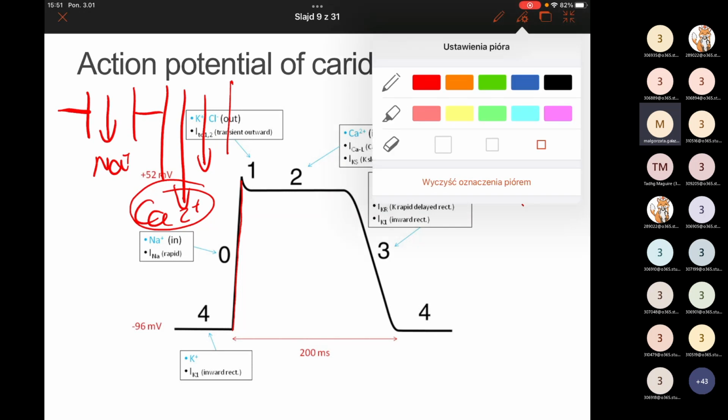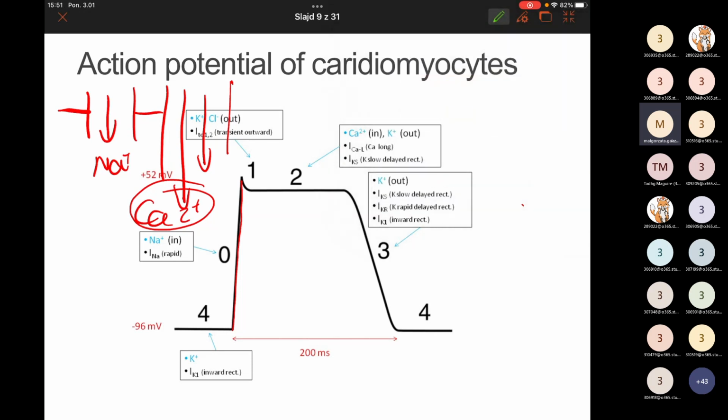The repolarization of the cardiomyocyte cell membrane is longer compared to that of neurons or pacemaker cells. It consists of 3 phases: phase 1, phase 2, and phase 3.